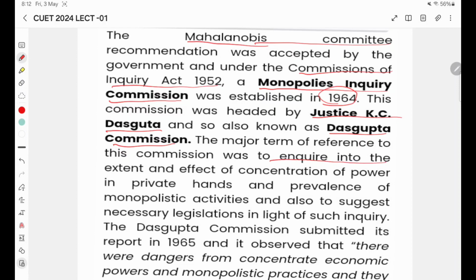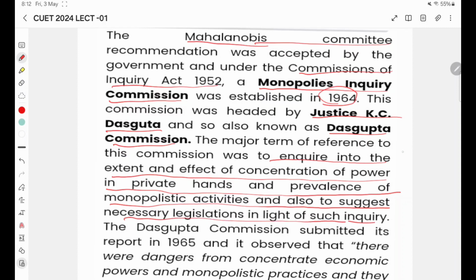The major term of reference of this commission was to inquire into the extent and effect of concentration of power in private hands and prevalence of monopolistic activities, and also to suggest necessary legislation in the light of such inquiry.